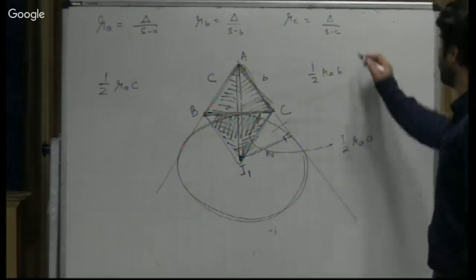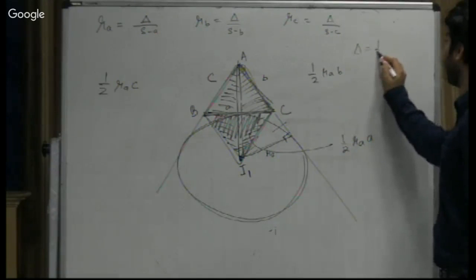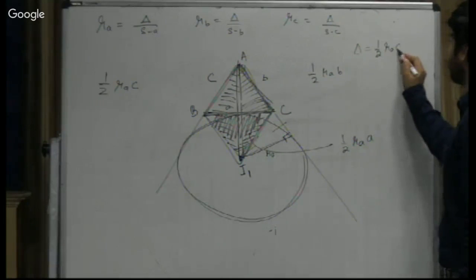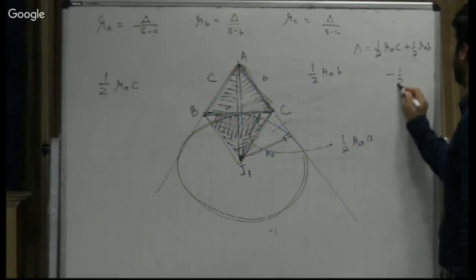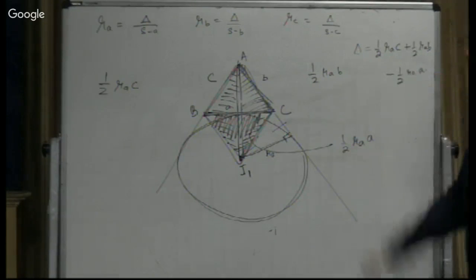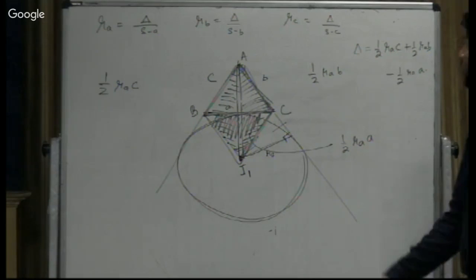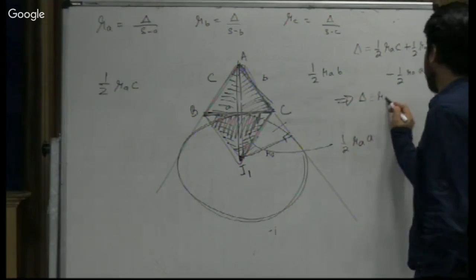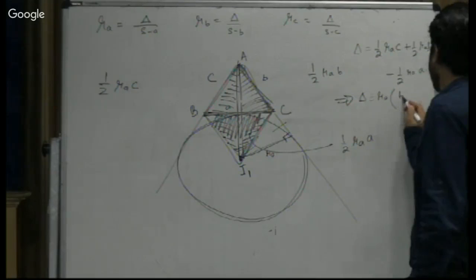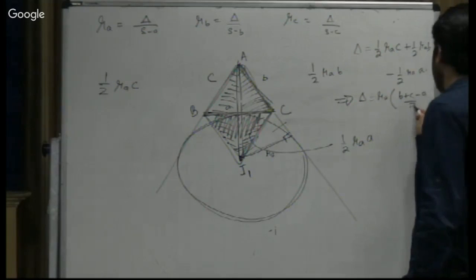So can I say delta is basically half RA C plus half RA B minus half RA A? Can I say this? So can I say that delta is basically RA into B plus C minus A by 2?